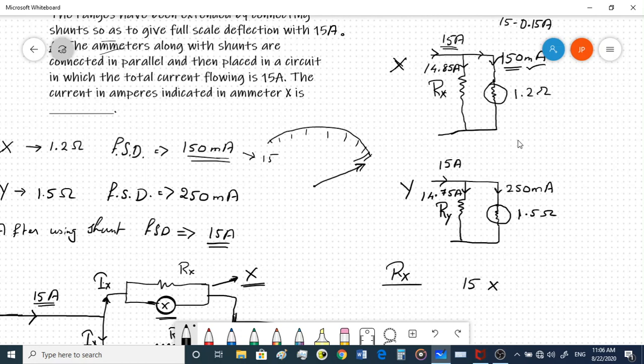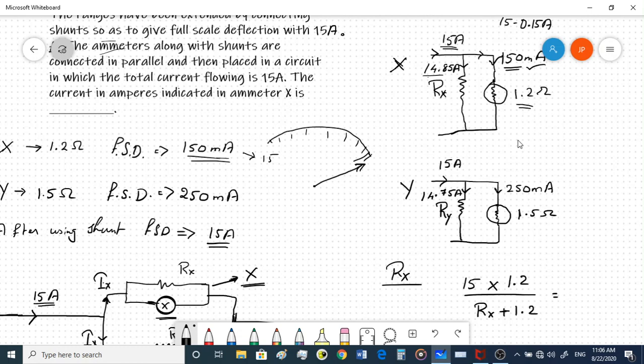So the total current into opposite branch resistance divided by total resistance. So the opposite branch resistance is 1.2 ohms divided by the total resistance is Rx plus 1.2 ohms, which is equal to the current through Rx.